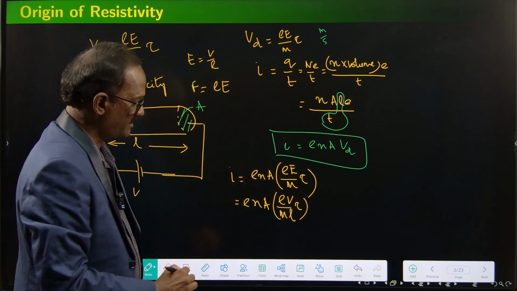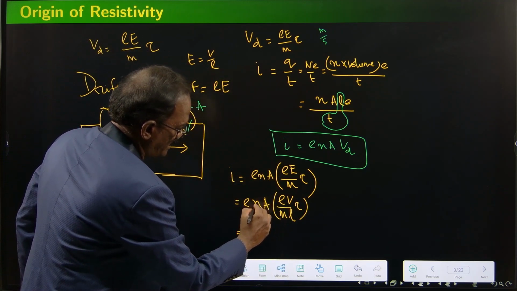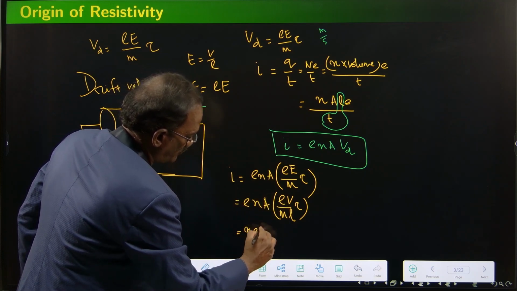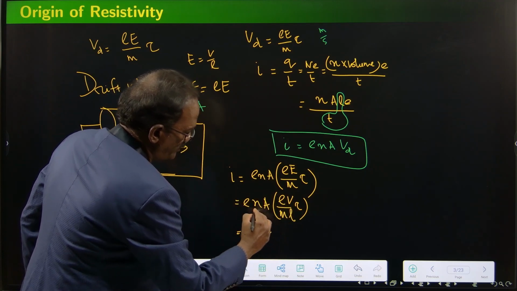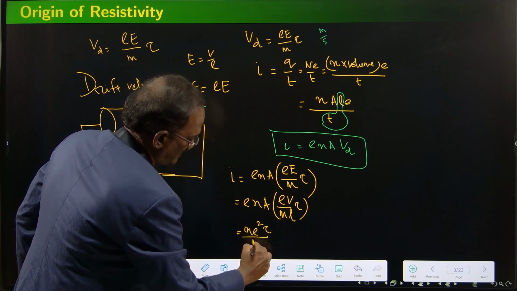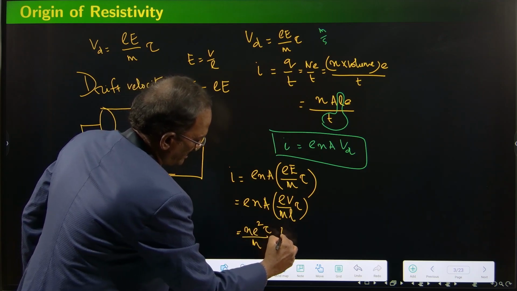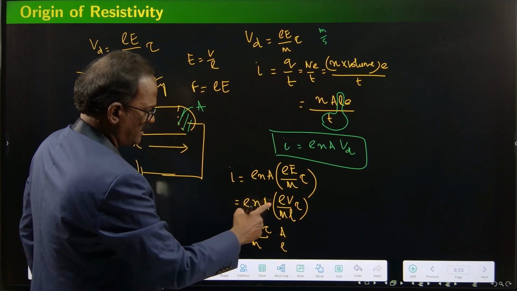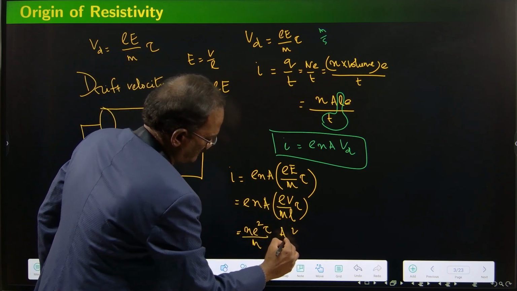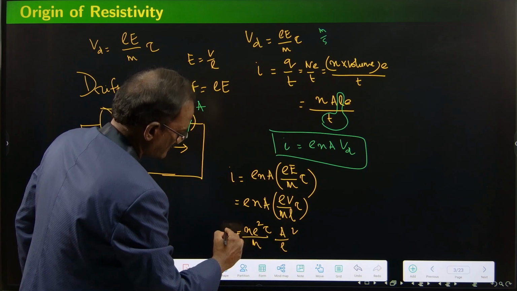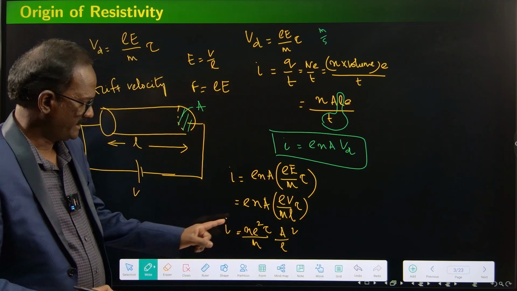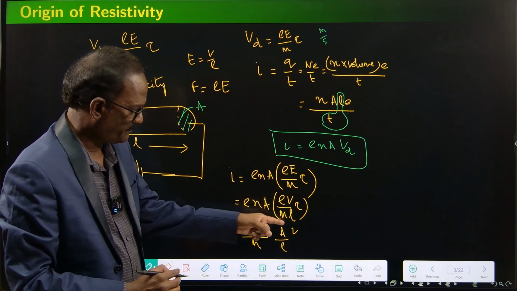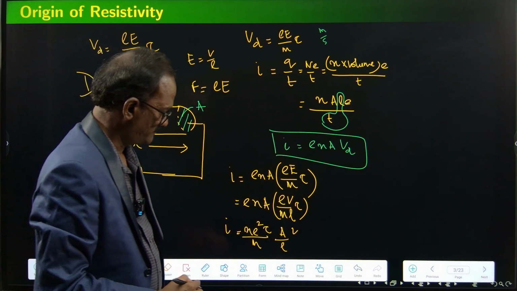E is replaced by V by L. Then I simplify it. n e square, let me write tau here, divided by m, this is A by L, then V. Yes, I is equal to n e square tau by m, A by L into V.